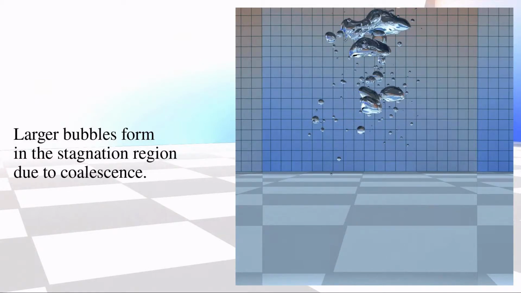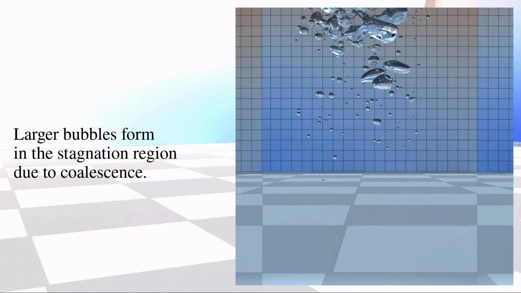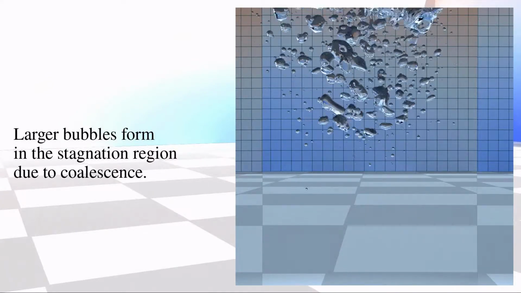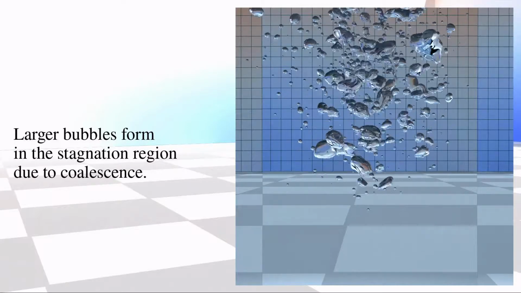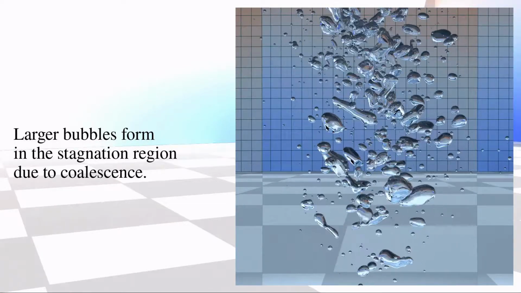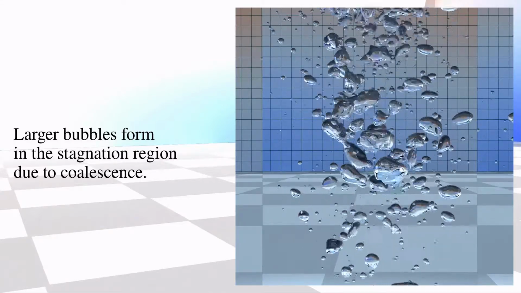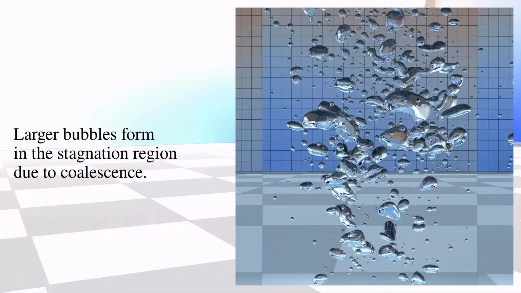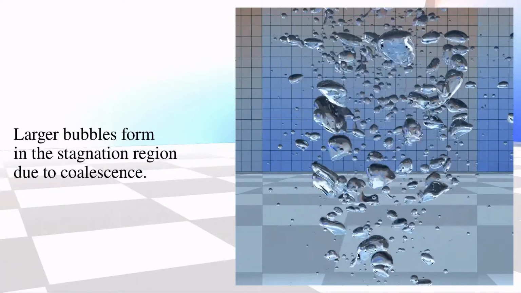So we've got all kinds of simulation features that we highlight in this particular movie. But really, the scientists have reported that the use of ray tracing has really changed the way they looked at their simulation data.